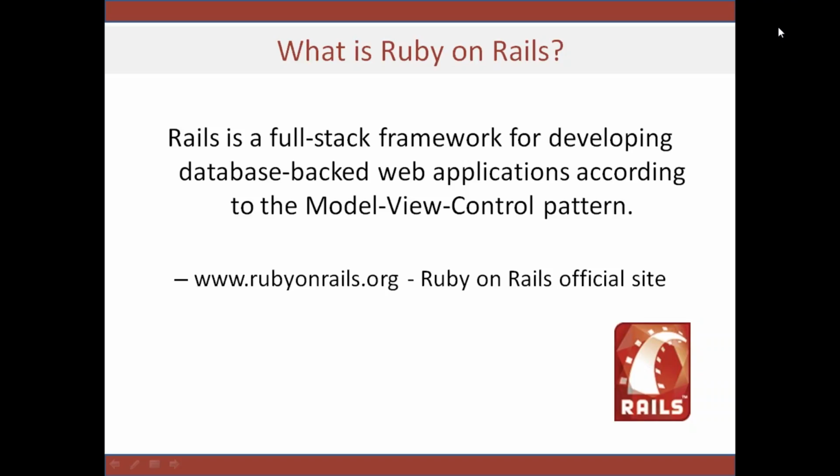And when we're talking about Rails, you should know it's a full stack framework. Full stack means it's a kind of software or framework which is loaded with all the stuff by default. Whenever you are working with J2EE or PHP or some other language, you need to depend on lots of third-party tools and servers.